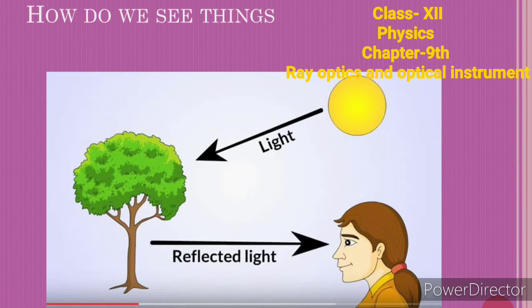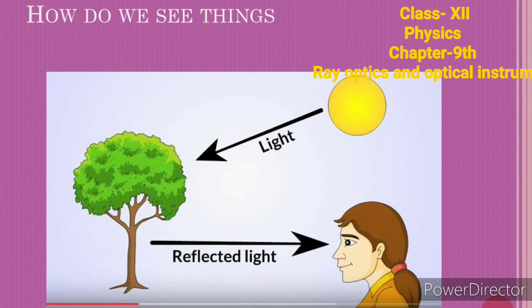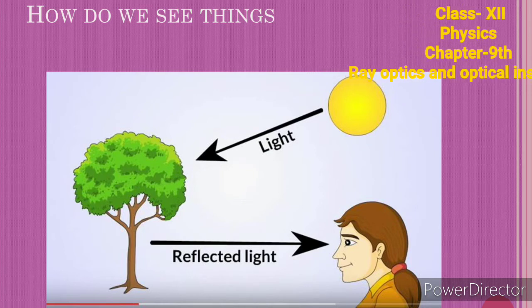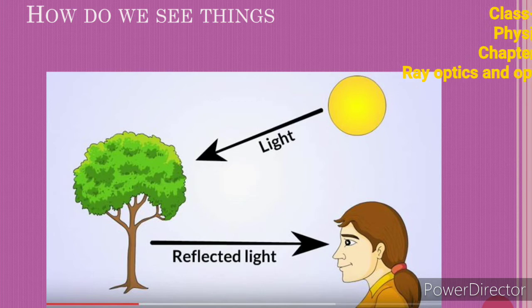At night, we are able to see the moon because it reflects the light from the sun. Please note, the moon is a non-luminous object and it cannot generate its own light.